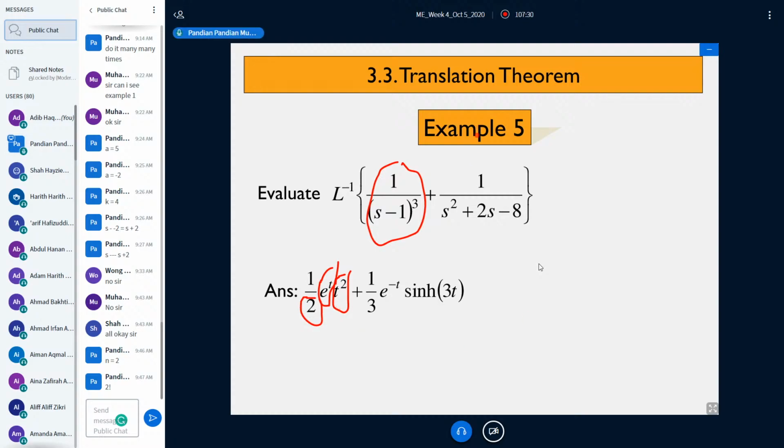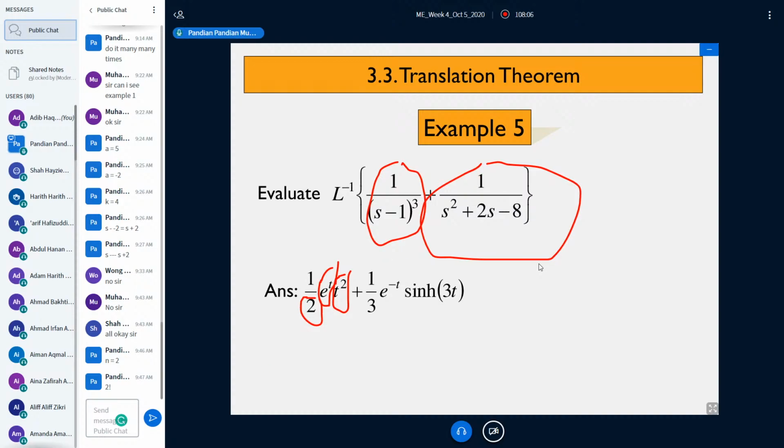Now, for 1 over s squared plus 2s minus 8, you have to do the factorization and then look at the formula. Write down s squared plus 2s minus 8 equals s plus 1 squared minus 9. s plus 1 squared gives s squared plus 2s plus 1, and 1 minus 9 is minus 8.